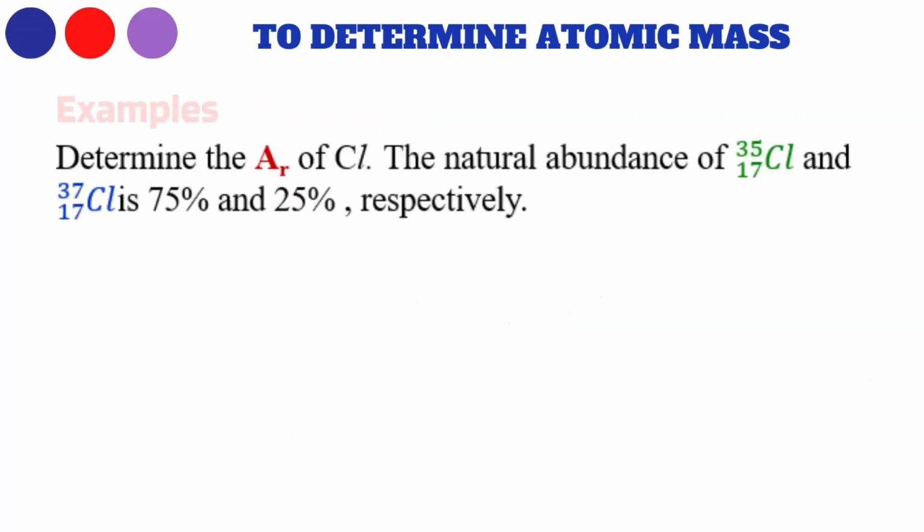For understanding how to determine atomic mass, we should solve some problems. The first example is given here, where the natural abundance and the mass number of two isotopes of chlorine are given.